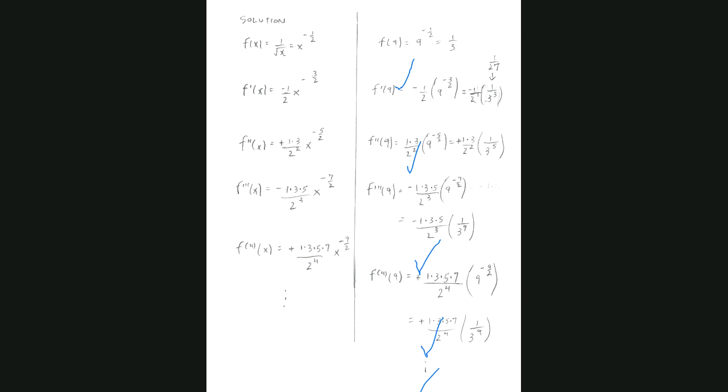Fourth derivative, 1 times 3 times 5 times 7. I'm choosing not to simplify that because I'm trying to determine a pattern. And I notice here that I have 2 squared, 2 cubed, 2 to the 4th in the denominators.